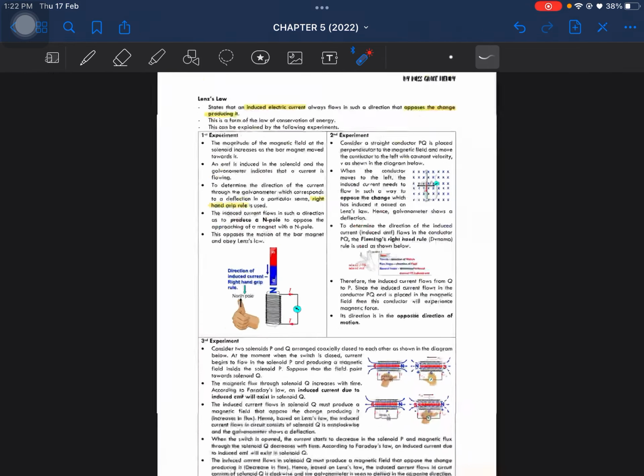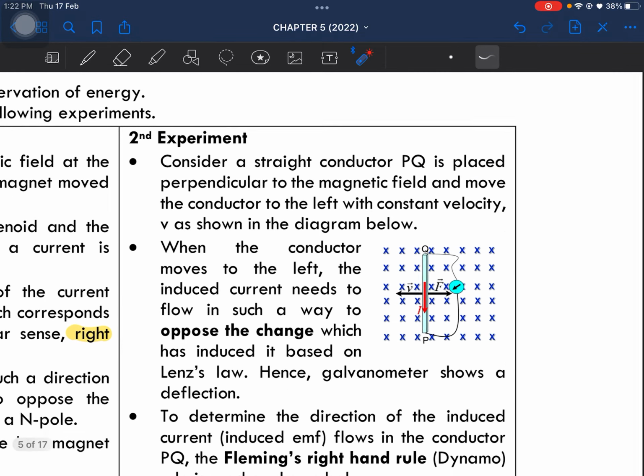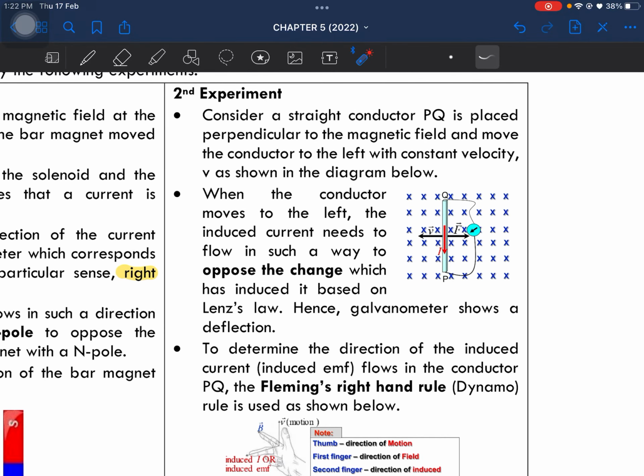So that is our first experiment, and then let's look at the second experiment. For the second experiment, he used a straight conductor instead of a solenoid. Now he uses a straight conductor PQ, placed perpendicularly to the magnetic field, and moves the conductor to the left with constant velocity.